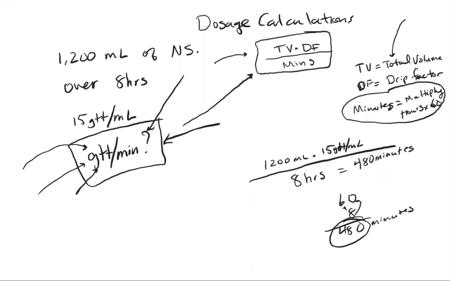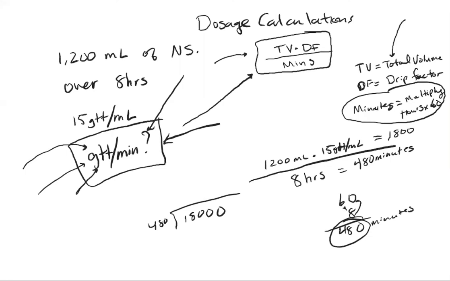So now we compute. We get our calculator or your phone. That's what we're using nowadays, right? And we start plugging this stuff in. We get 1,200. We multiply that by 15, and that gives us 18,000.